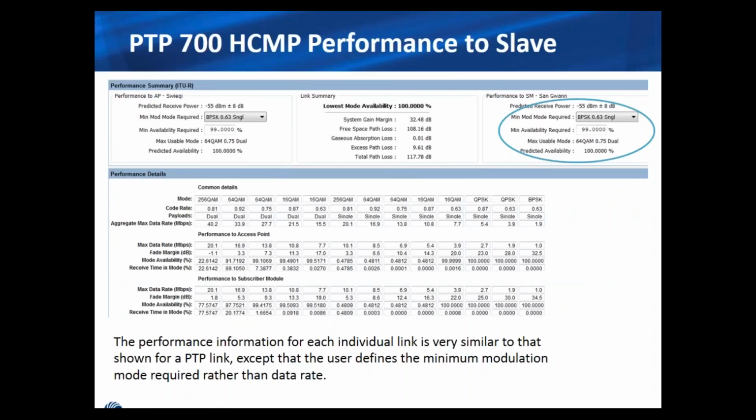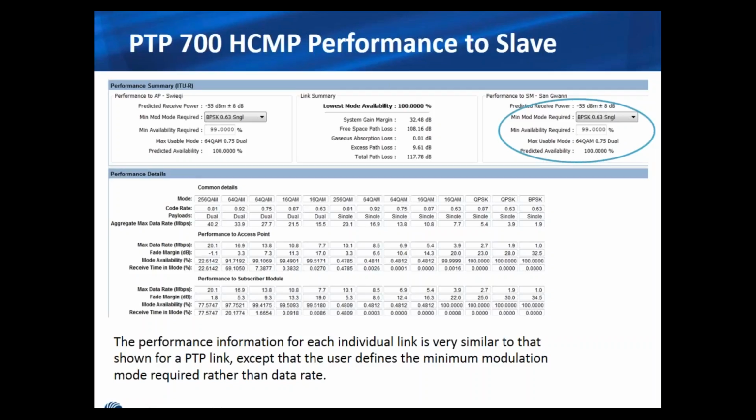When you are on the subscriber module page, you can see the performance of the link between the master and the slave in a very similar way to that shown for a PTP link. The main difference is that in the performance summary, the user sets the minimum modulation mode that is required for the link rather than the data rate, and the predicted availability is the availability for the minimum modulation mode required.